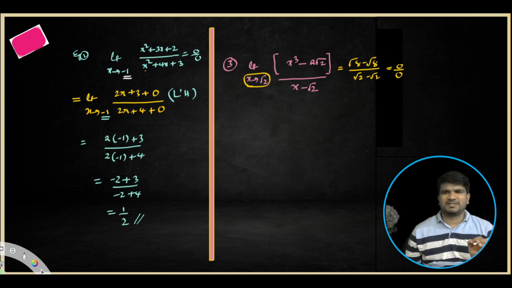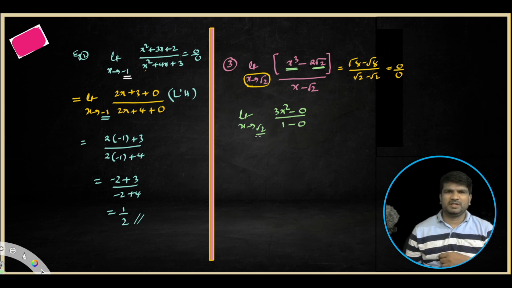So we are discussing L'Hospital. Limit x tends to root 2. Differentiate the numerator. Differentiation of x cube is 3x square, and 2 root 2 is a constant, and differentiation of a constant is 0, divided by differentiation of x, which is 1, and differentiation of root 2, again a constant, is 0.